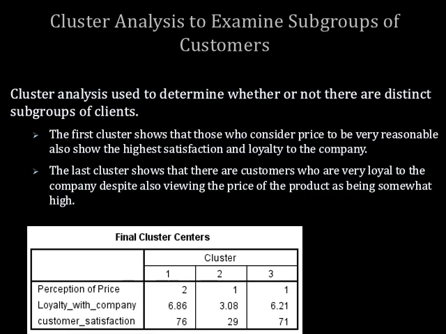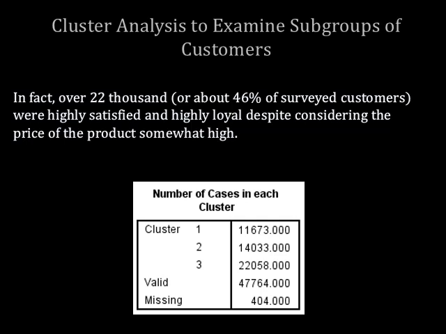This table reveals that in the first column, customers consider price to be fair and show high satisfaction and loyalty to the company, while column number 3 indicates that these customers are loyal to the company despite their perception of price being somewhat high. This analysis provides the number of cases per cluster, and row 3 indicates that over 22,000 surveyed customers were highly satisfied and loyal despite considering the price of products somewhat high.